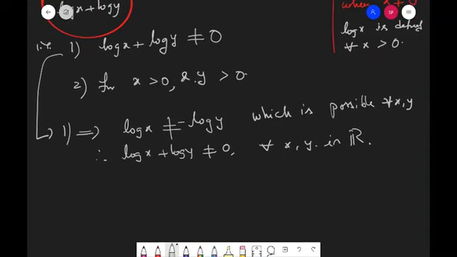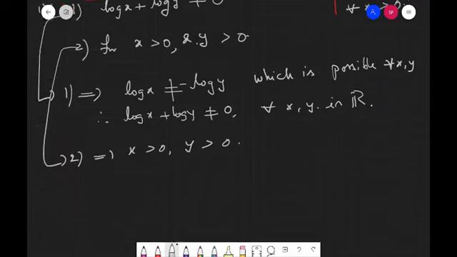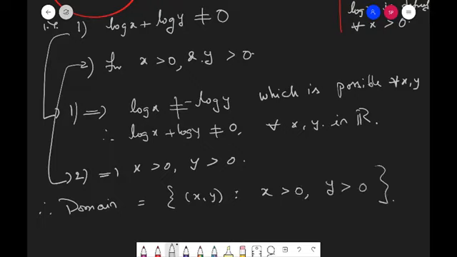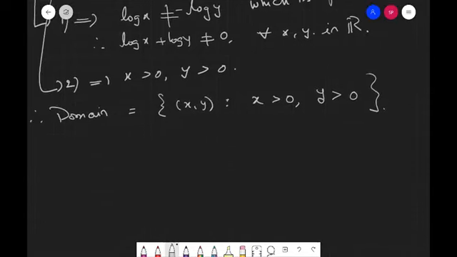And the second point, already we have x greater than 0, y greater than 0. So by observing this, the domain is equal to the set containing all x comma y such that x greater than 0, y greater than 0. So what will be the geometric or graphical representation if I take the xy plane?